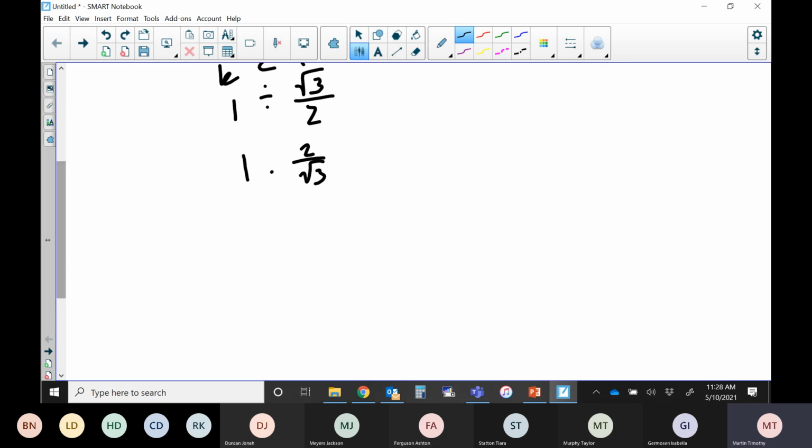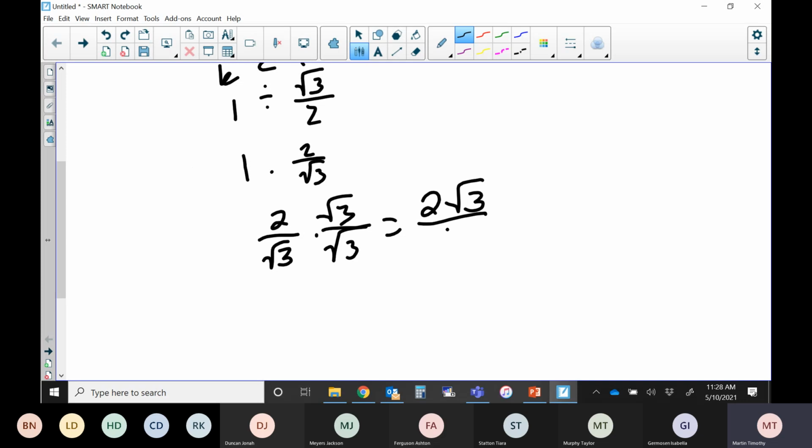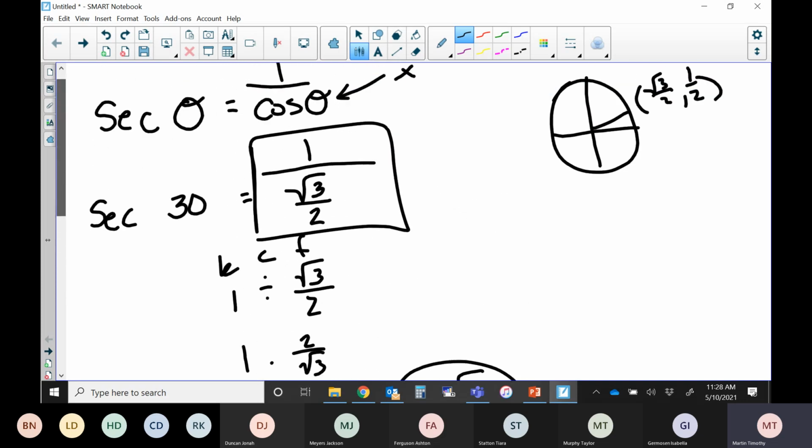So it's 2 over the square root of 3. I'm going to multiply by the square root of 3 over the square root of 3, giving 2 square roots of 3 over 3. And there's my final answer, the secant of 30.